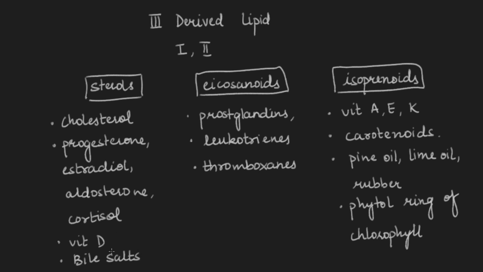They are also derived from cholesterol. So this was a list of different chemicals under the categories of sterols, eicosanoids, and isoprenoids.